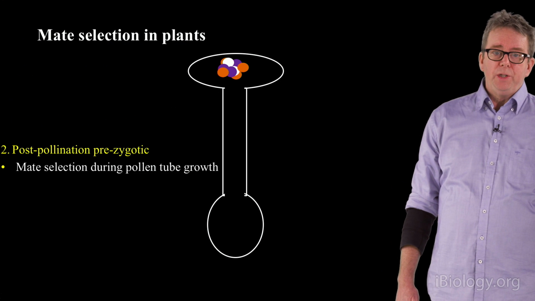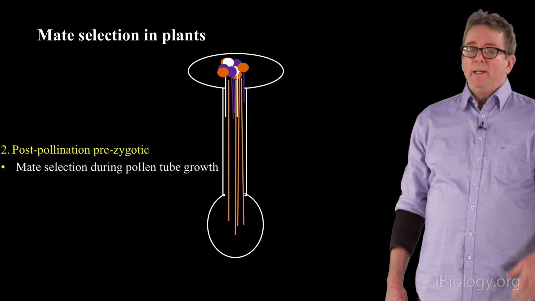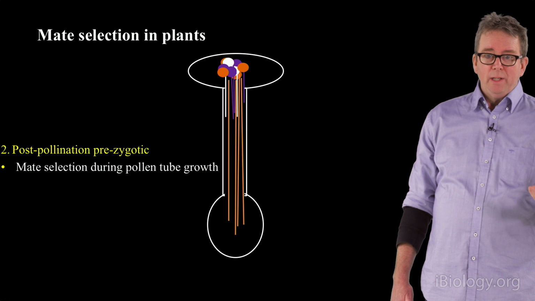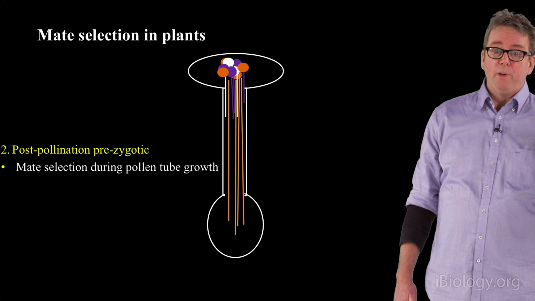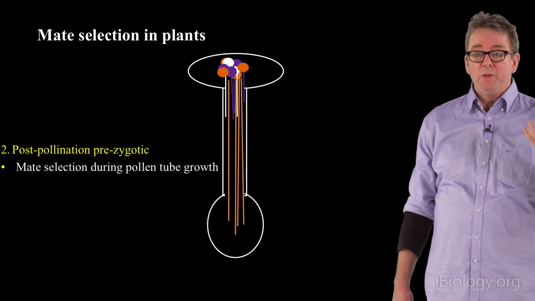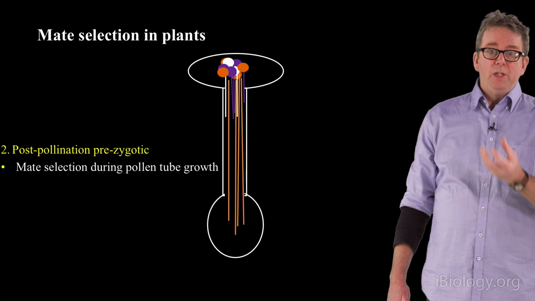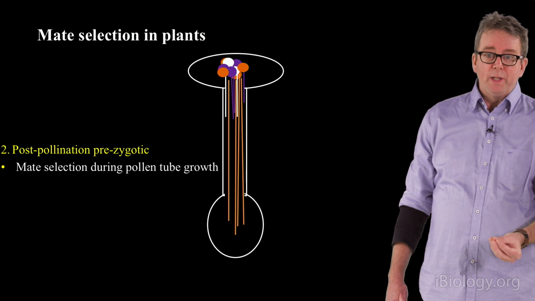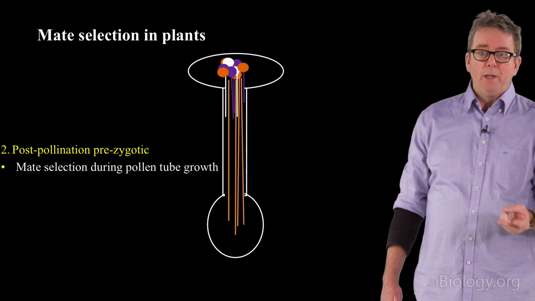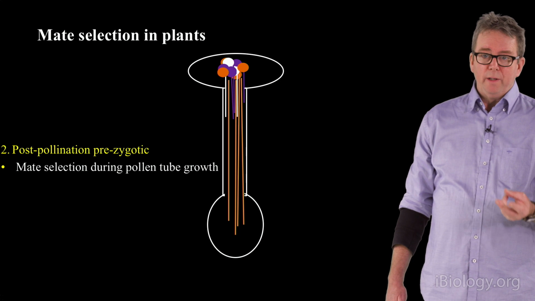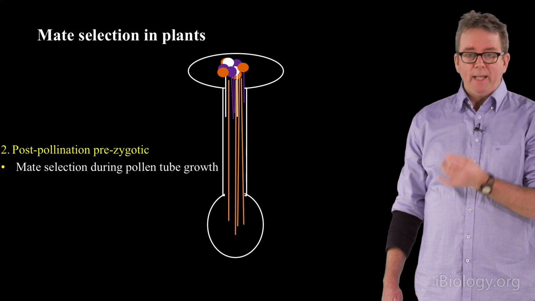Then there's the stage of the post-pollination pre-zygotic selection, and that is when the gamete delivery device, which is composed of two parts. It's first the postman that brings the pollen grains to the stigma, and then the second part of the gamete delivery device is the pollen tubes that actually grow through the style and then deliver the two sperm nuclei that conduct the double fertilization that is required for seed development, the fertilization of the embryo and the fertilization of the endosperm.